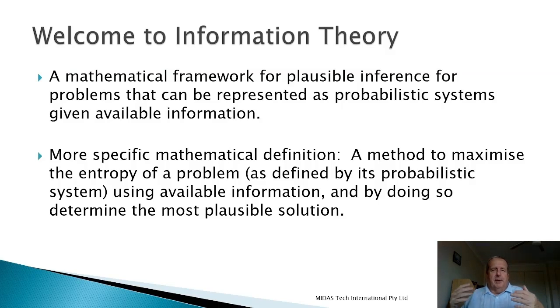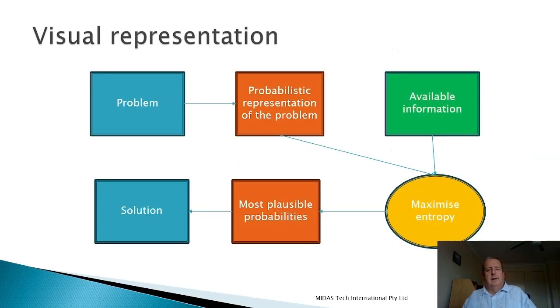A more specific mathematical definition: a method to maximize the entropy of a problem, as defined by its probabilistic system, using available information, and by doing so, determine the most plausible solution. So, a visual representation of information theory: we have a problem, we represent it as a probabilistic problem.